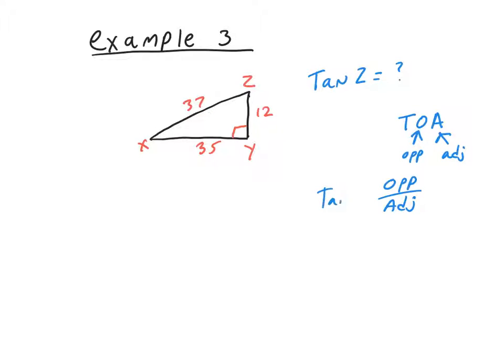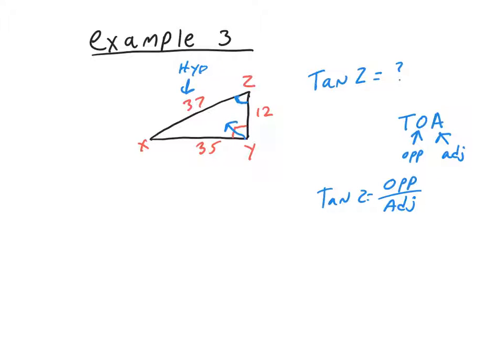For tangent of Z, first we have to identify which side is opposite and which side is adjacent. We know the 37 is the hypotenuse, it's the biggest side. It's also the side opposite the right angle. Okay, and we're looking at angle Z, which is right here.